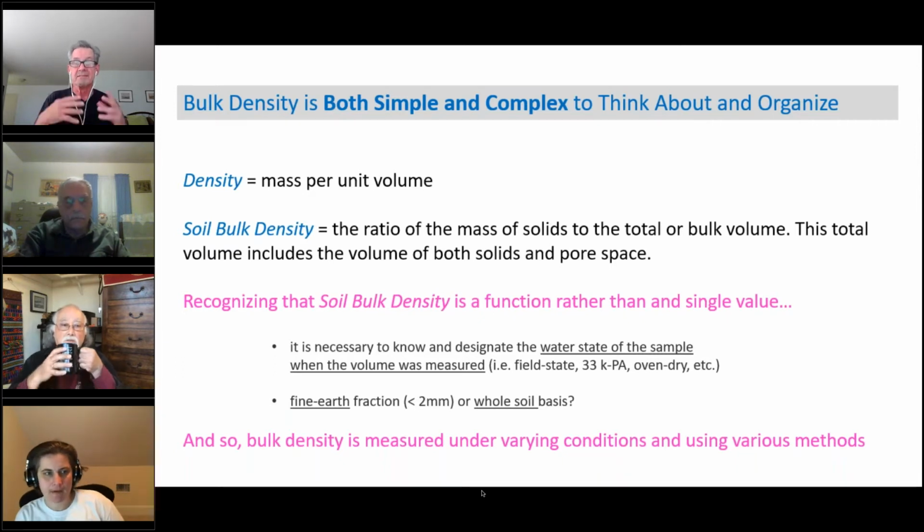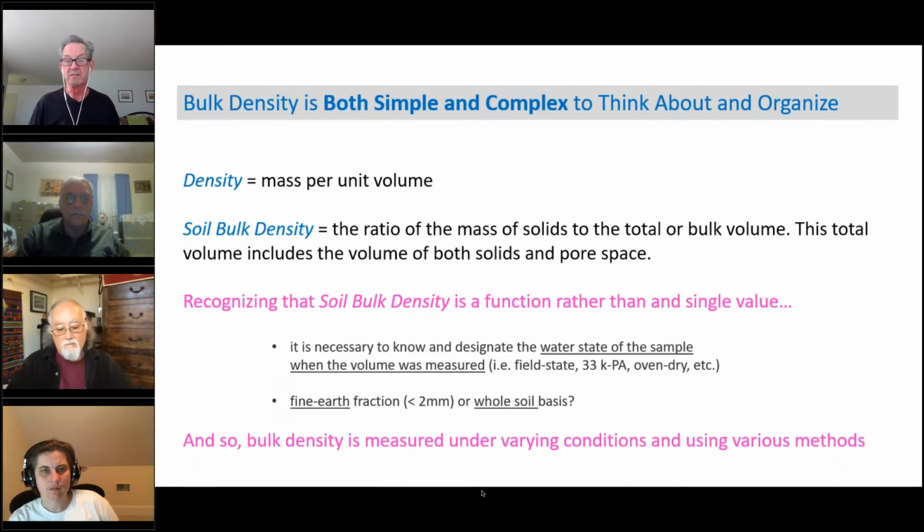Bulk density, to me, is both a simple thing, but it really gets pretty complex when you start thinking about it and organizing it. Very simply, mass per unit volume. We as soil scientists recognize that soil bulk density includes both the solids and the pore space, and that it's really a function rather than a single value.